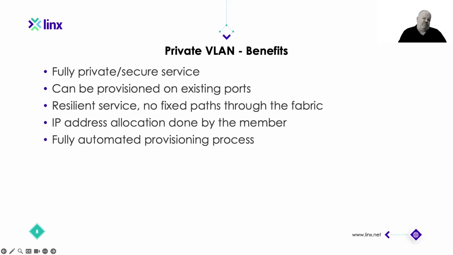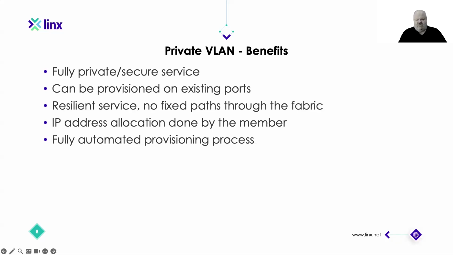The way that the process works, obviously, if there are two ports of your own, it's very simple since you approve both ends of the port. If you order a private VLAN to another member, you can obviously not place an order for that other member. So the way the process works, you place the order, you indicate who the second member is that you want to connect to.